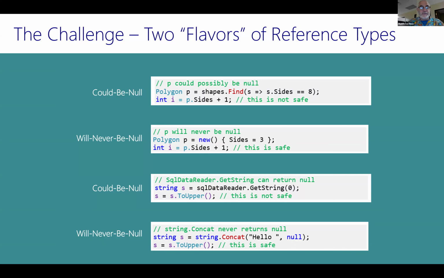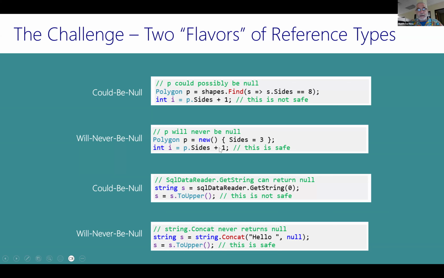However, here, Polygon p equals new Polygon, give it sides 3, this polygon will always be instantiated. This is perfectly safe then to say int i equals p.Sides plus 1. There is no situation where p is going to become null after this semicolon and before this line of code. So this is the second flavor.